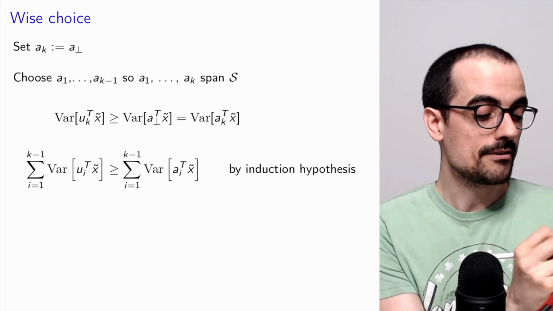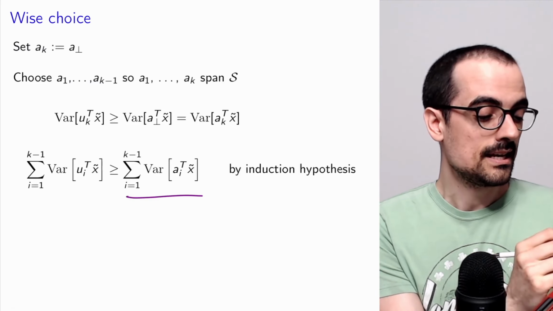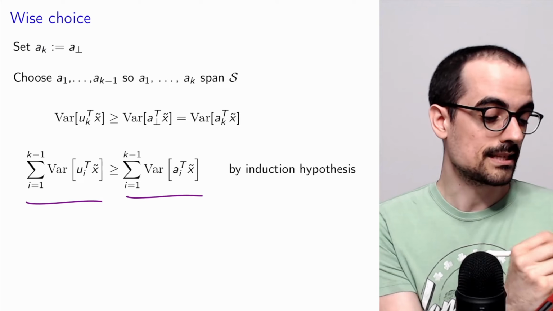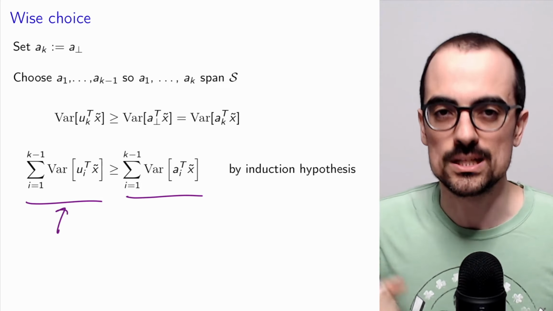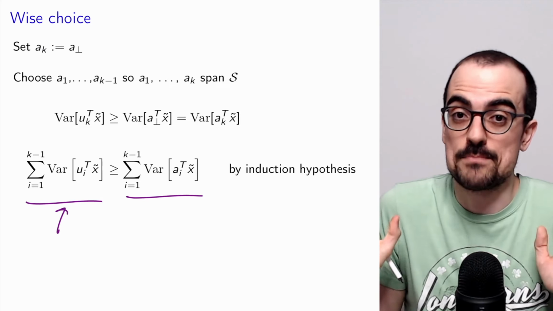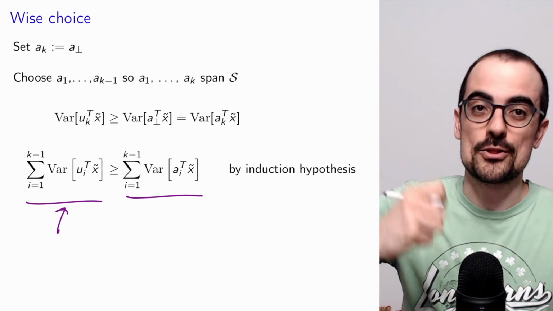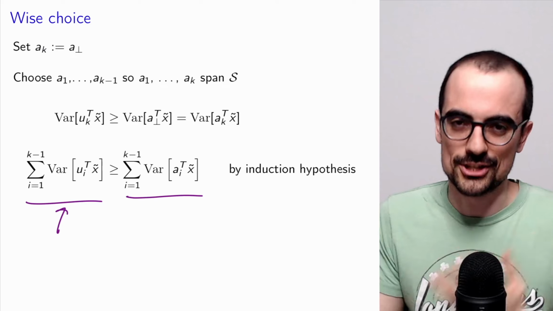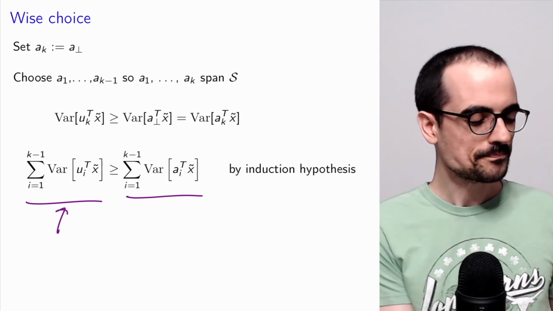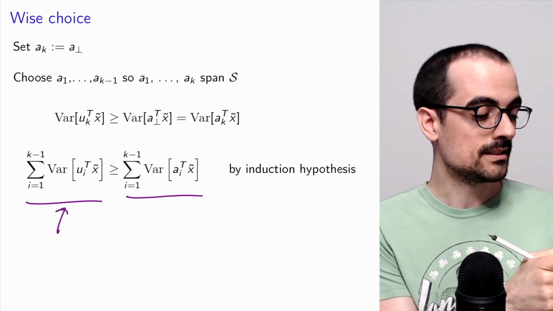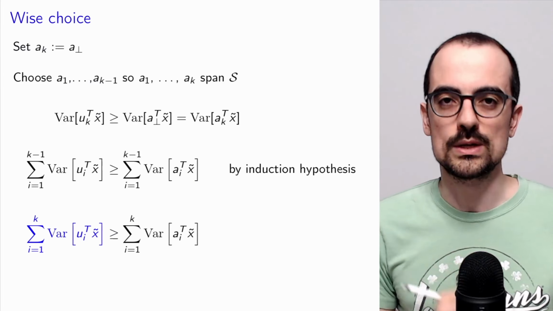The sum of the variances captured by these guys is smaller or equal to the sum of the variances captured by the first k minus 1 principal directions by the induction hypothesis. Now if we sum, this basically is almost what we wanted to prove.